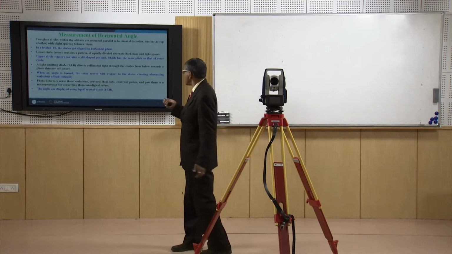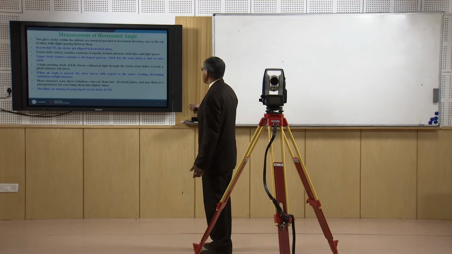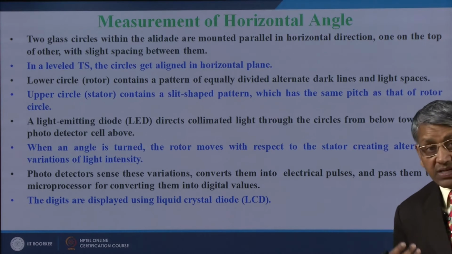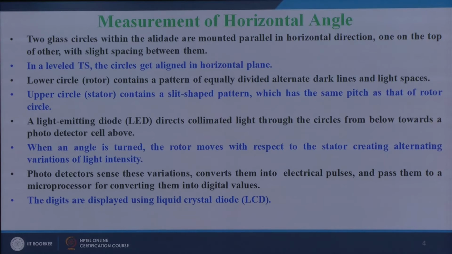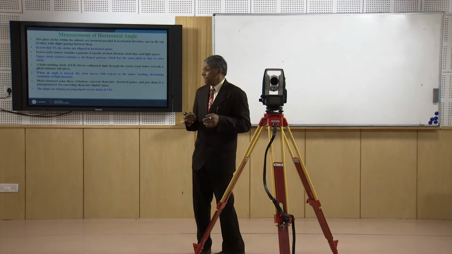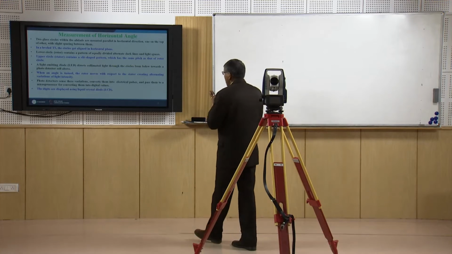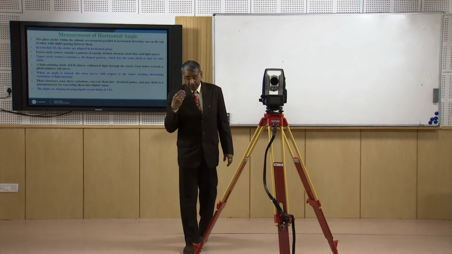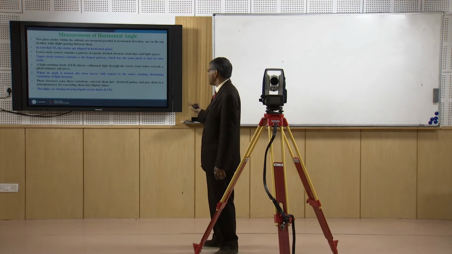These divisions provide the precision of angle measurement using this instrument. So the more precise these divisions are, the more precise an angle we will be able to measure.